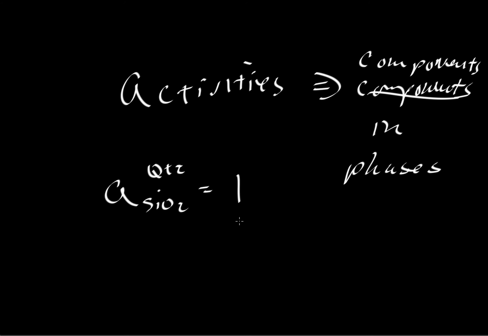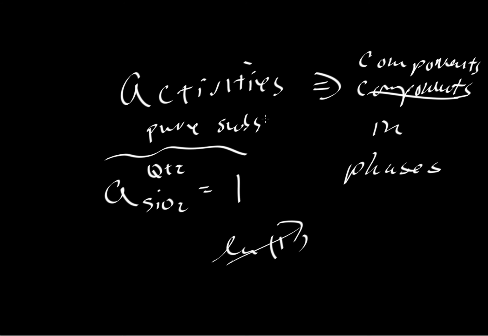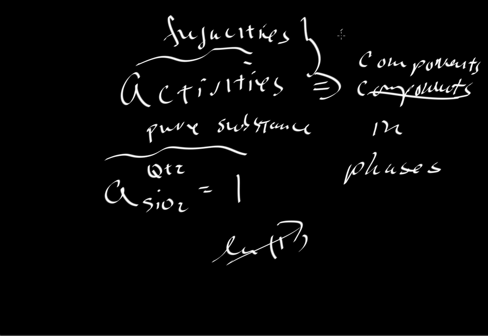That just equals 1. So if you have the natural log of 1, again, the whole thing drops out. So if you go back to the earlier part of the video, you can see that the chemical potential is then equal to the standard state. Remember, the standard state is for pure substances. So by definition, when we talk about activities or also fugacities, we are not talking about pure substances. These only have any kind of meaning when we are dealing with impure mixtures.